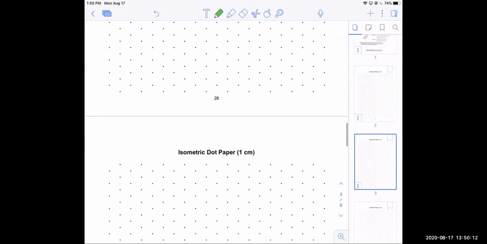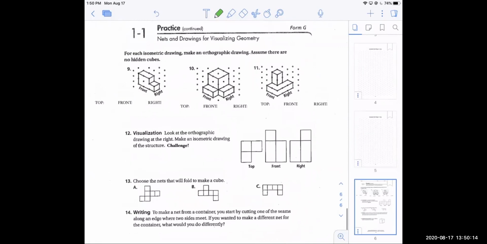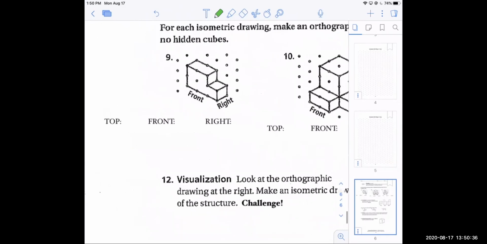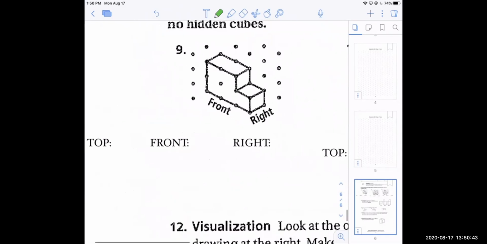Okay, on the second page of problems, I want to talk about the orthographic drawings at the top here. For each isometric drawing, you get orthographic drawings. Basically, there's three views. There's going to be the top view, the front view, and the right view. It could have given you left views too.